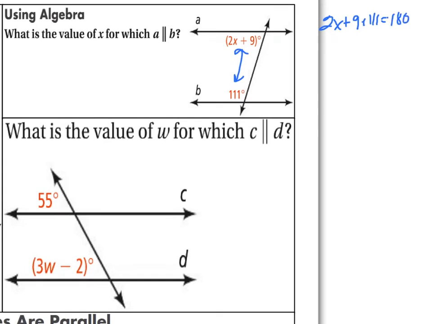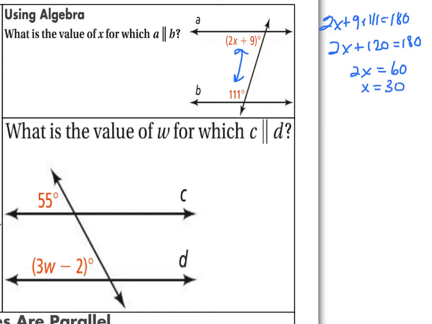So this is 2x plus 120 equals 180. If I subtract 120, this becomes 60, and x equals 30.